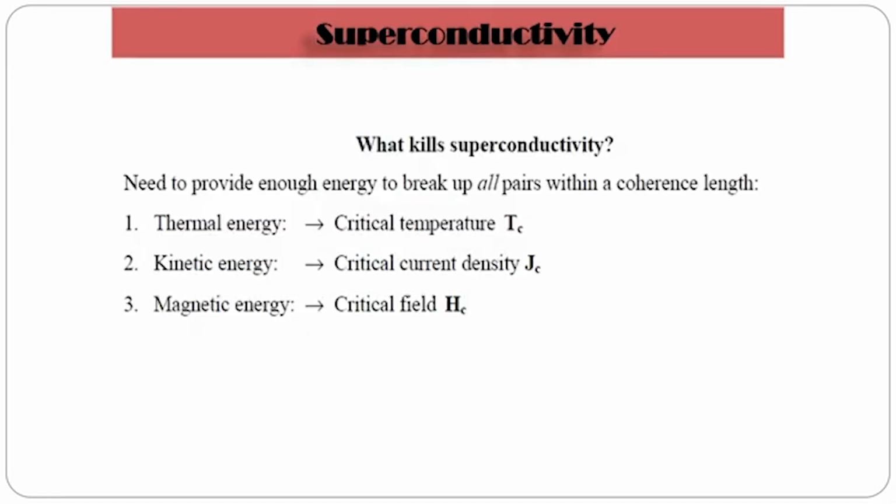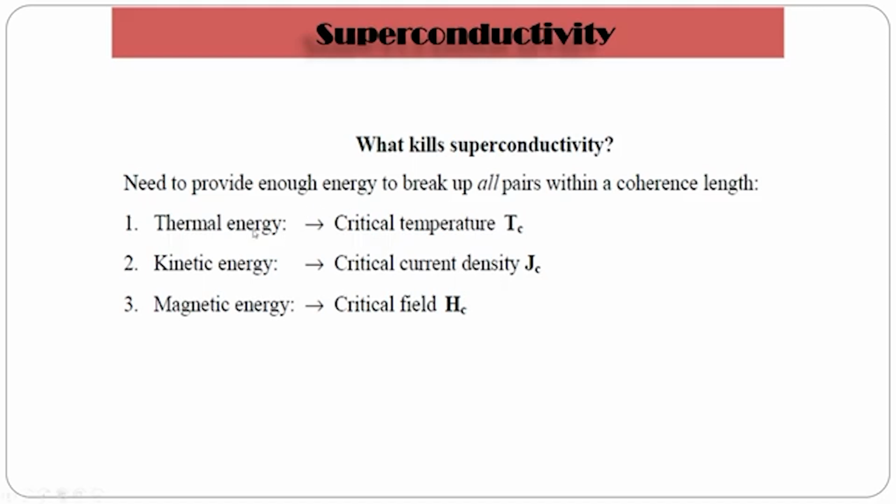So, what are the agencies that can kill superconductivity? Of course, you need to provide enough energy for all the pairs that cause superconductivity. We will come to that. All pairs within some coherence length should be broken and the superconducting state should be lost.